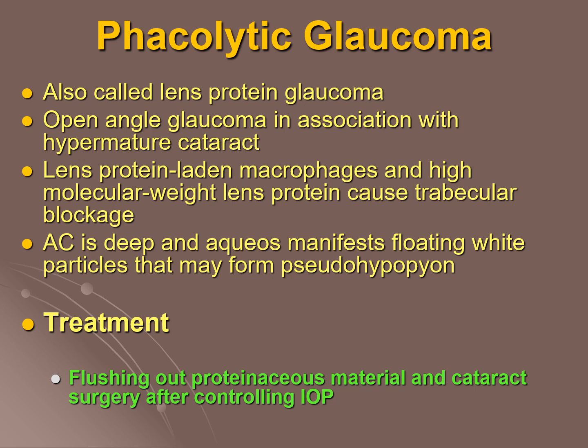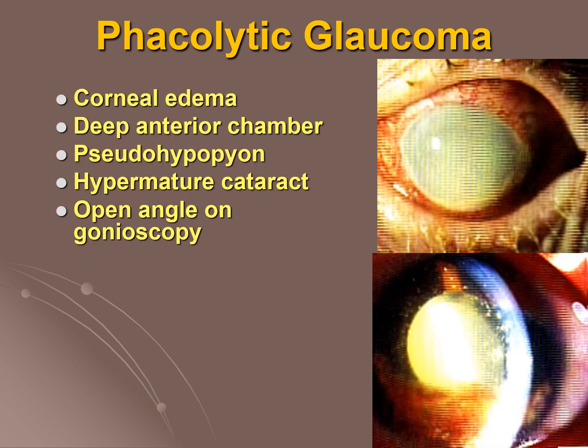Treatment of phacolytic glaucoma is flushing out proteinaceous material and cataract surgery after controlling, of course, the intraocular pressure. Here in this picture, you can appreciate in phacolytic glaucoma the edema of the cornea, the pseudohypopyon and the deep hypermature cataract, and gonioscopy, of course, will show the open angle.